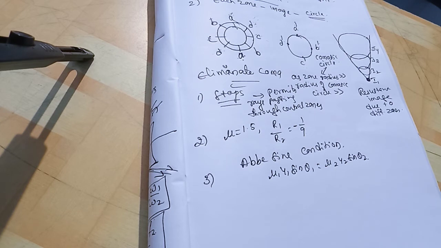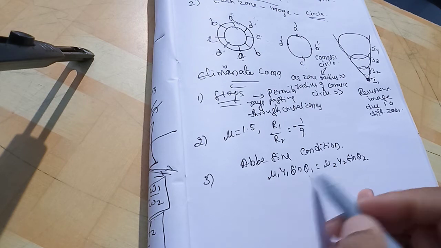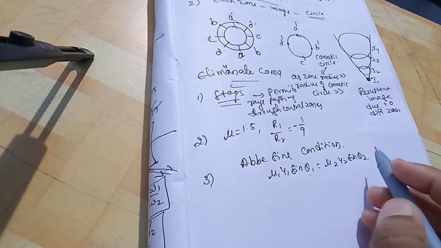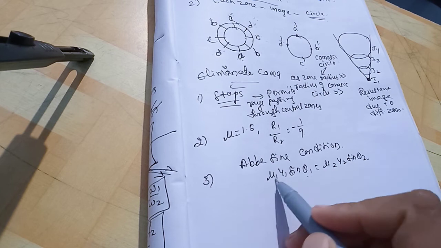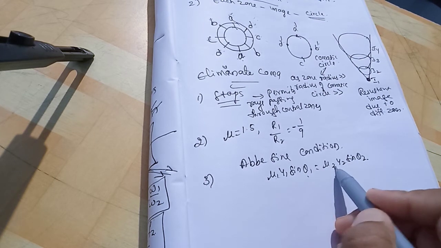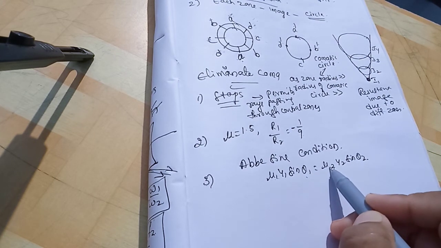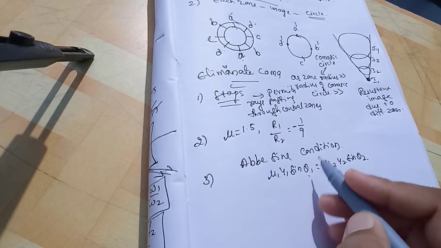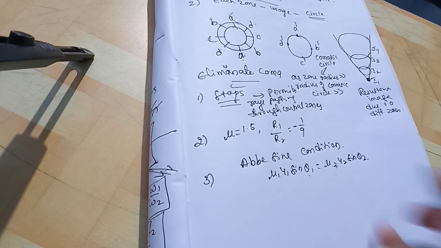Y1, y2 are lengths of object and image of zone.